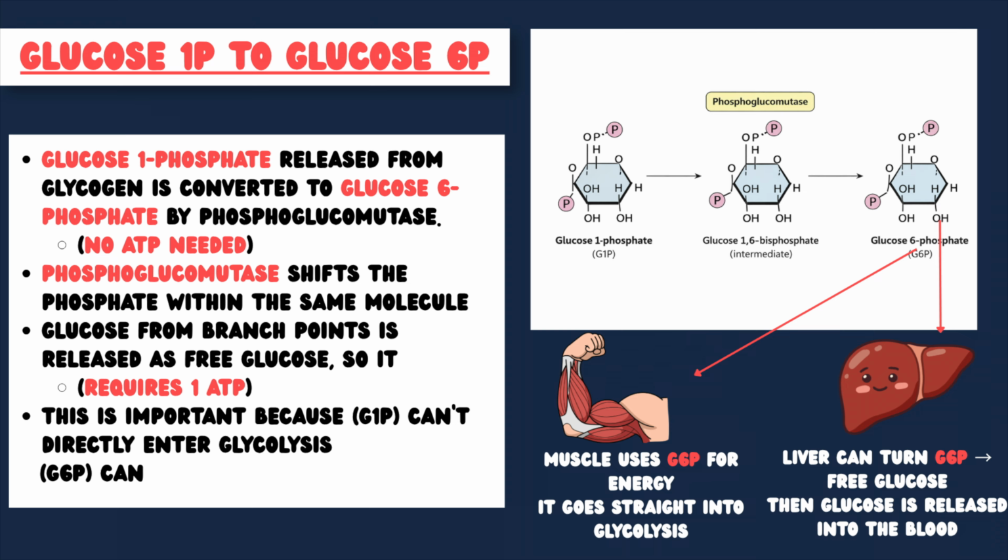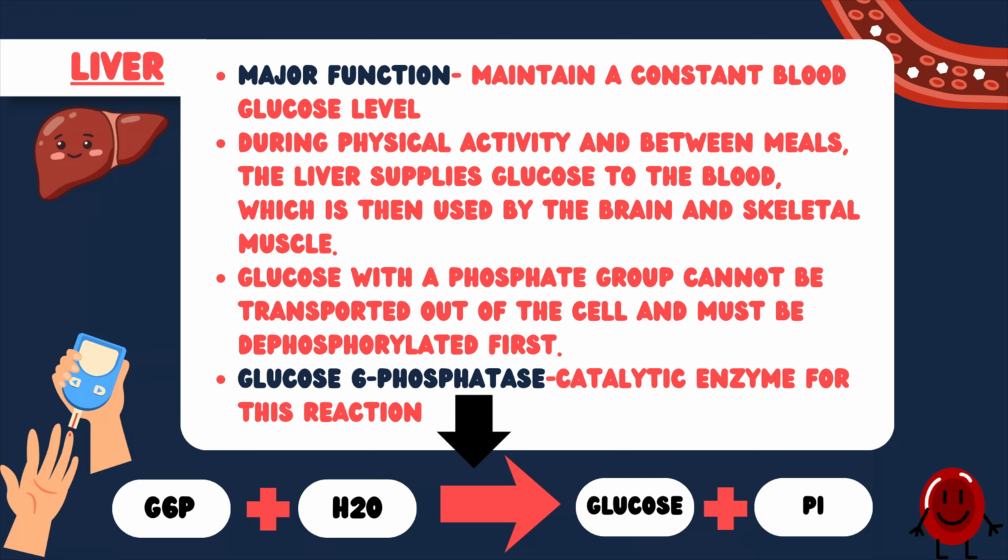When the muscle gets this glucose 6-phosphate, it goes straight into glycolysis, while when the liver gets it, it converts it to glucose, and then the glucose is released into the blood. A major function of the liver is to maintain a constant blood glucose level. During physical activity and between meals, the liver supplies glucose to the blood, which is then used by the brain and skeletal muscle.